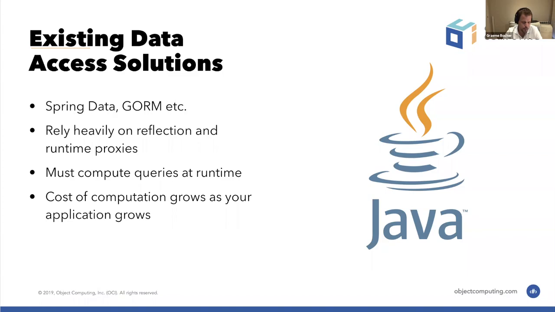This has a cost in terms of computation, because you have to compute the queries at runtime, and normally that's done in a caching manner, so you can compute it once and then cache it in memory and so forth. But there's definitely a cost of computation and memory consumption in terms of calculating those queries, computing them, and storing them. And as your application grows in size, you typically are going to have to pay a greater and greater cost as these computations need to happen.